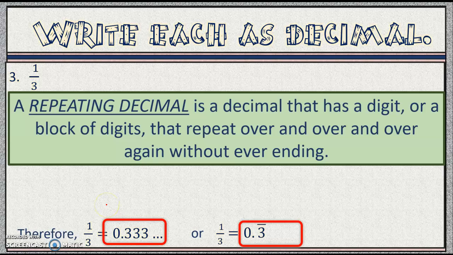A repeating decimal is a decimal that has a digit or a block of digits that repeat over and over and over again without ever ending. So we have the ellipsis and this bar to indicate that there is a digit that is being repeated.